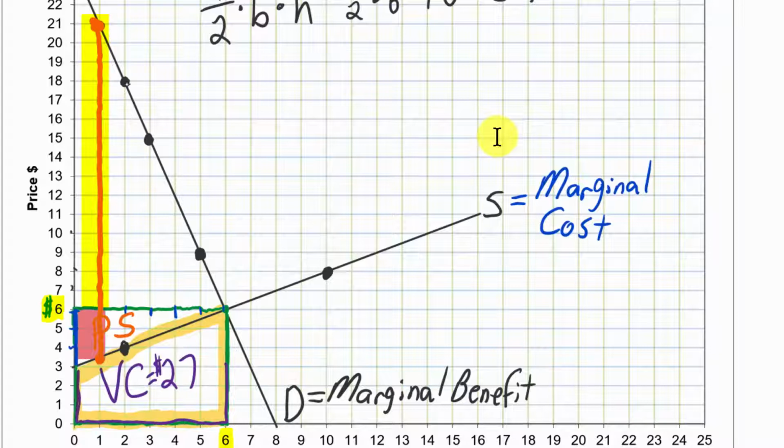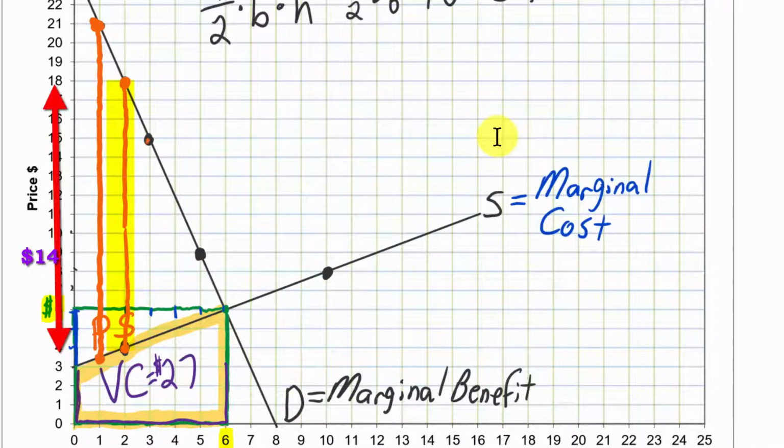The second box of cookies, the consumer is willing to pay up to $18. It only costs the producer $4 to make it. So there's a gain from trade to be had here of that amount of money, 18 minus 4, or about 14. And same thing for the third box of cookies, and the fourth, and the fifth.